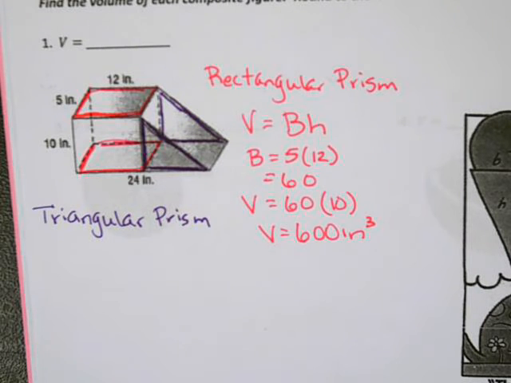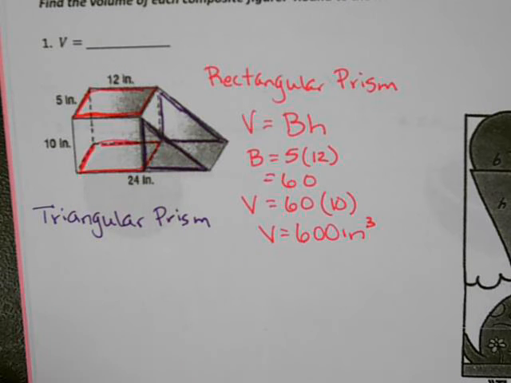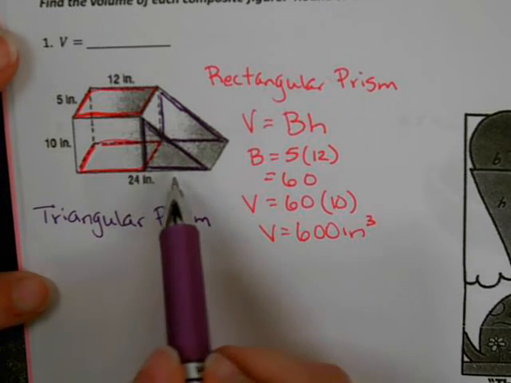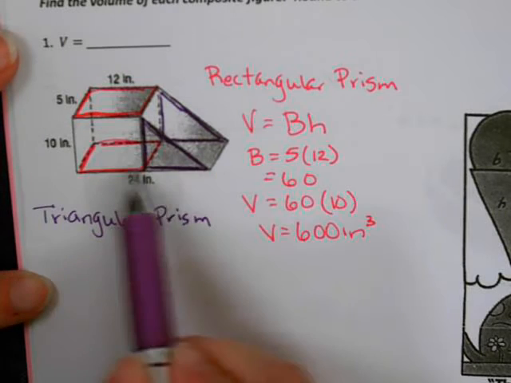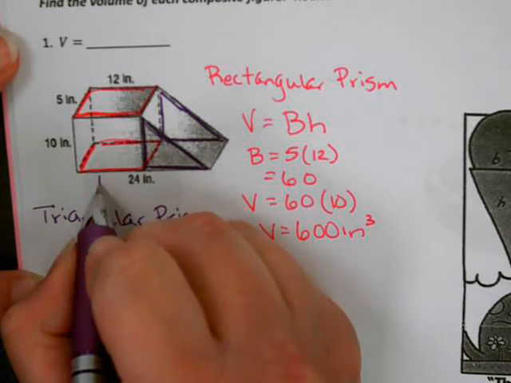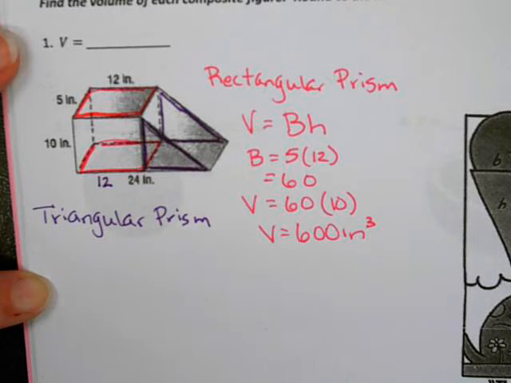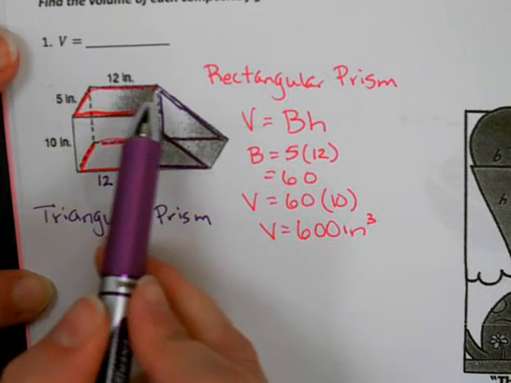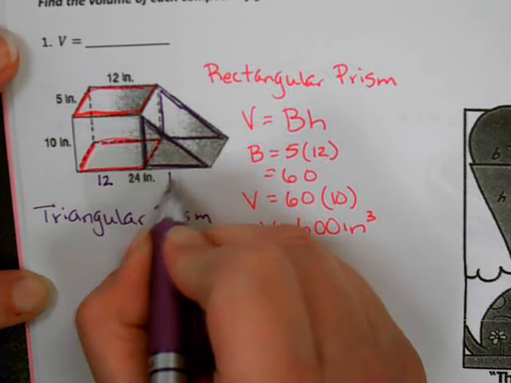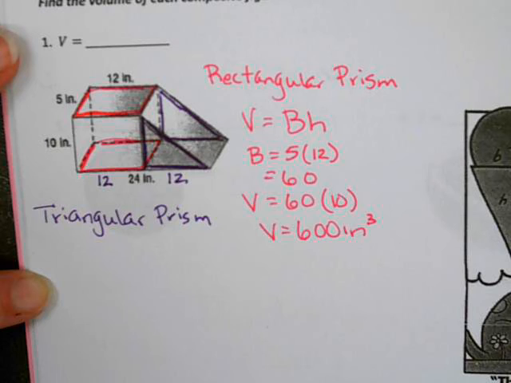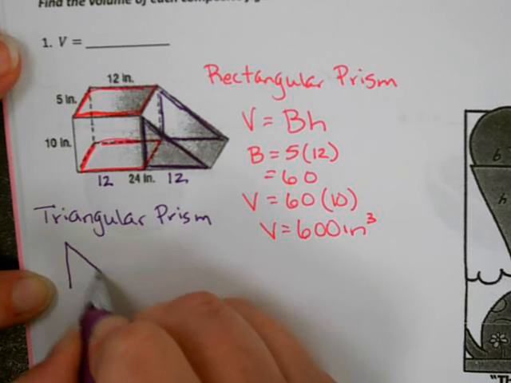Now we need to find the volume of the triangular prism. Now this is where it might be a little weird. We have to recognize that since this is a rectangular prism, that makes this portion 12 inches because it's the same as this base over here, which means this one is also 12 inches. So I'm going to draw our base right here.